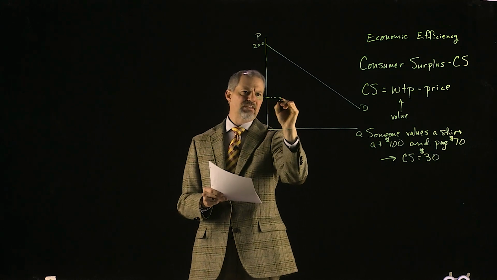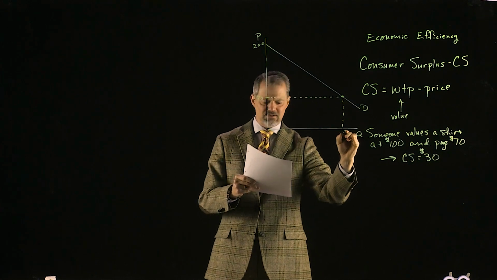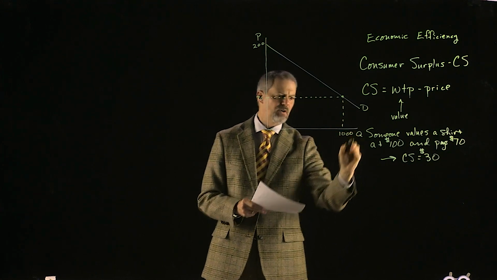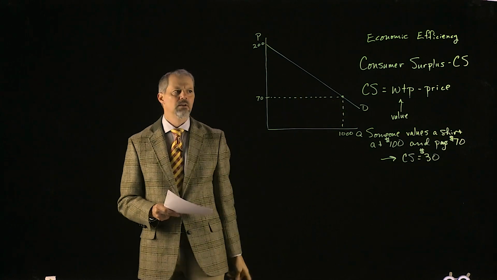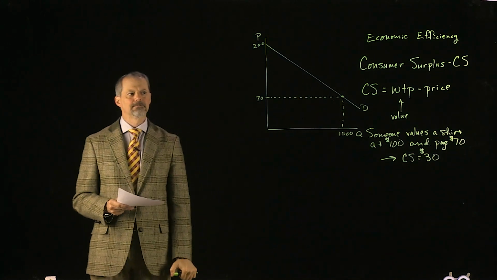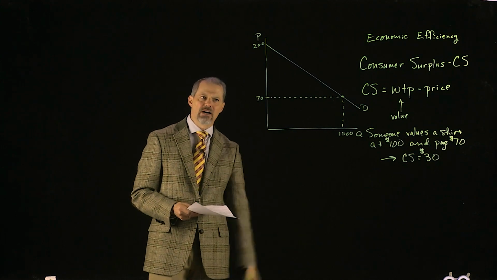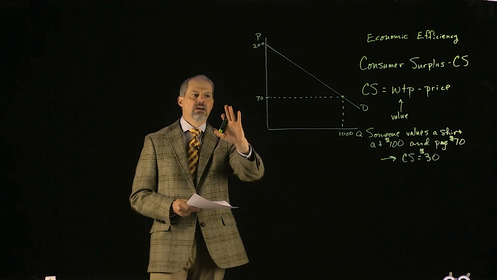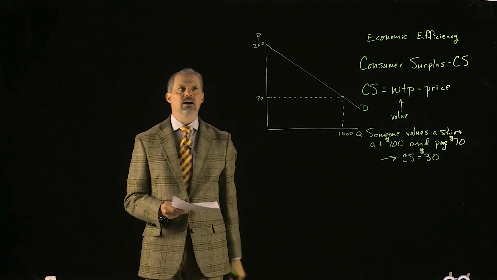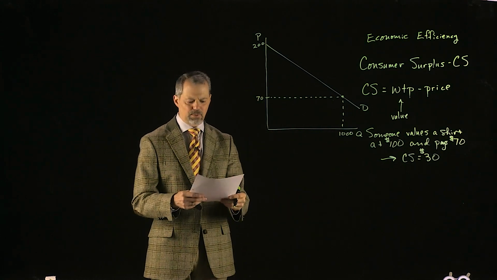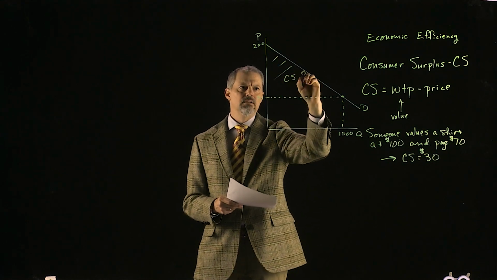And let's suppose at that price, there's 1,000 shirts being sold in the market. So suppose we've got a market. I'm leaving off the supply curve that would be right there, because I want to focus on surplus. So if we wanted to calculate the total amount of consumer surplus over all of these units, then it would be the area under that demand curve and above the price. It would be this area right here, consumer surplus.